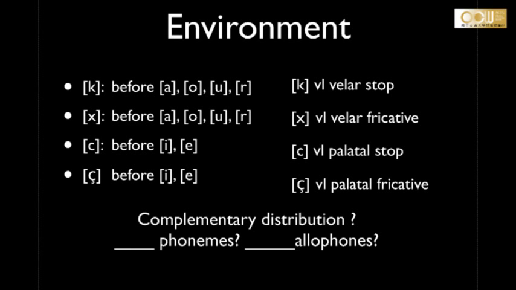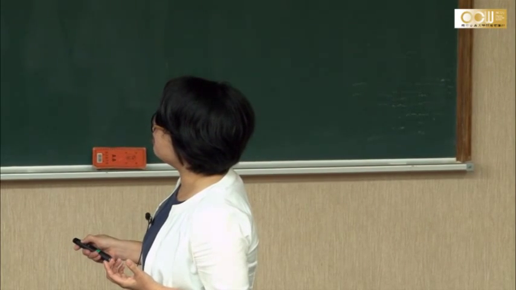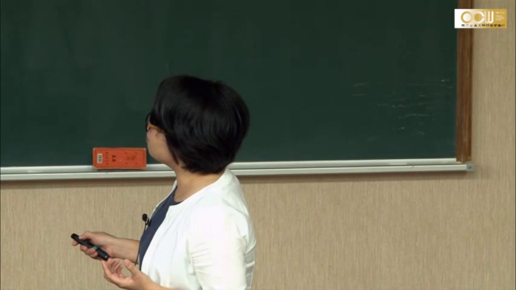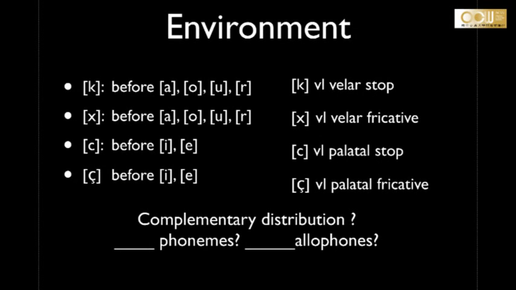Well, let's focus on the vowels. You list the environment for these four sounds, and then you realize, hey, for this velar stop, it occurred before these three vowels and R. And this occurred before these three vowels and R.